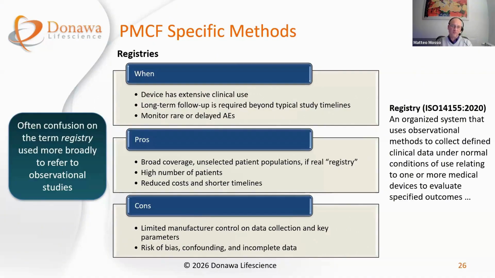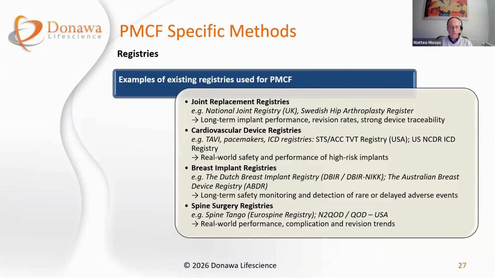The same as for real-world evidence, I can see that pros and cons are more or less very, very similar. So here, just to show an example of what we consider a true registry, that normally are systems that are held at national or international level, and they involve mainly implantable devices.